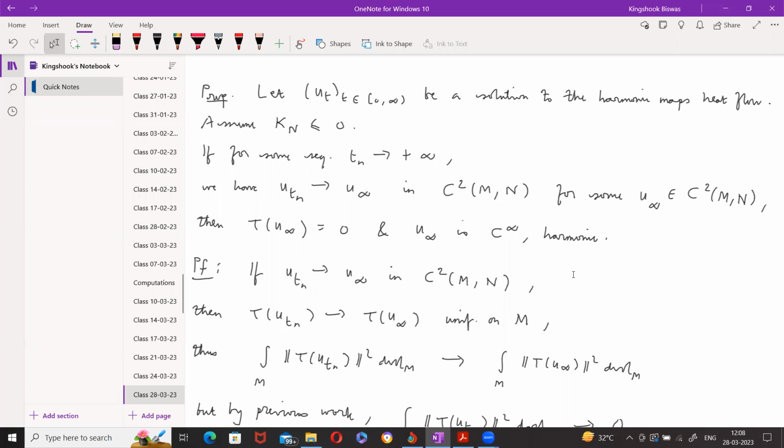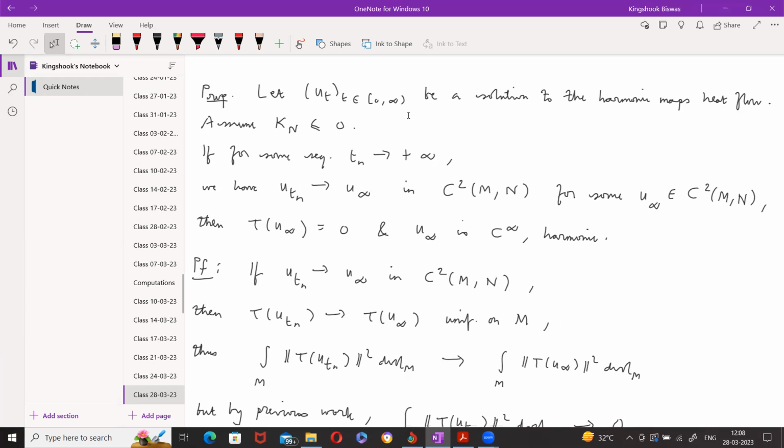Okay. So now let me tell you what is the goal that we're going to try and prove. The idea is you want to show that some subsequence at least converges. So first of all, you want to show that the heat flow exists for all time.